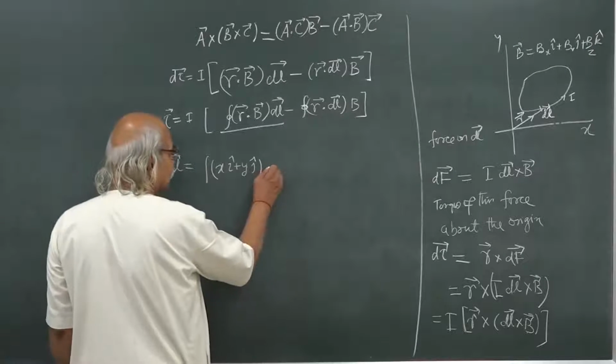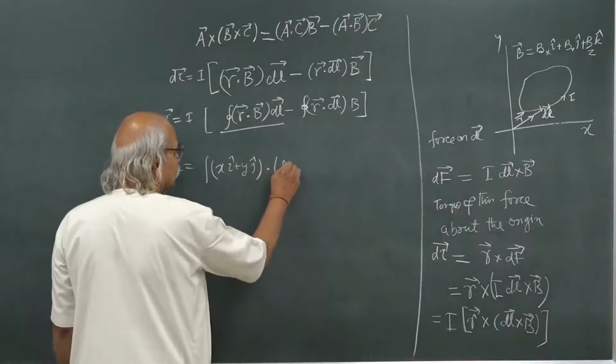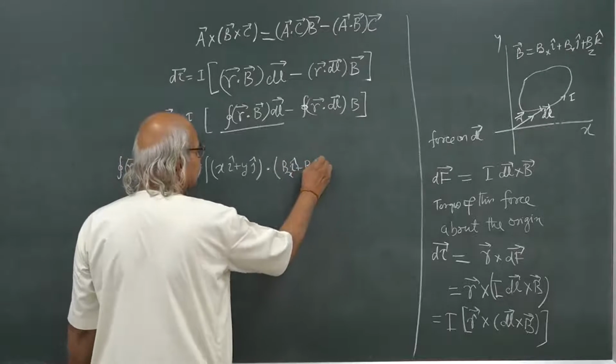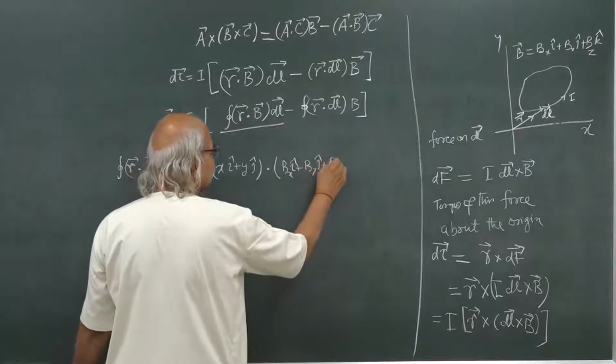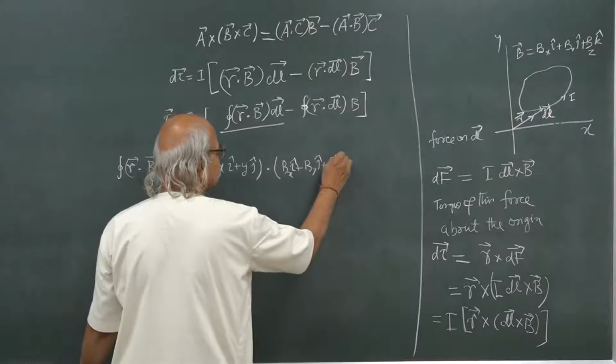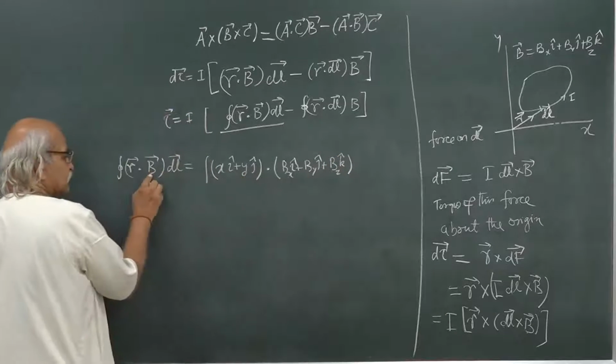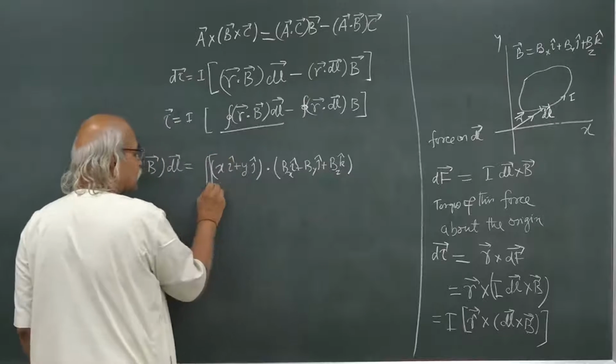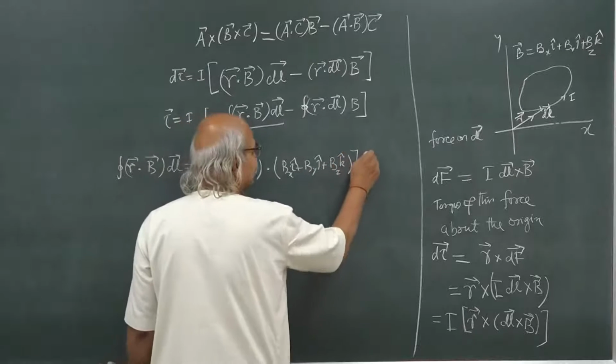Then dot. What do I write? bx I cap plus by j cap plus bz k cap. It is this vector, and then r dot b and then dl, and dl vector is itself.